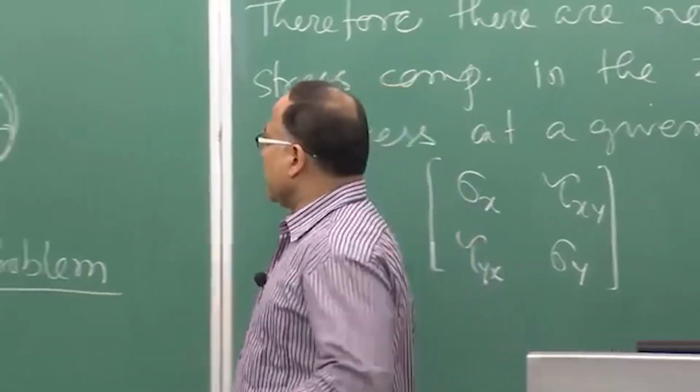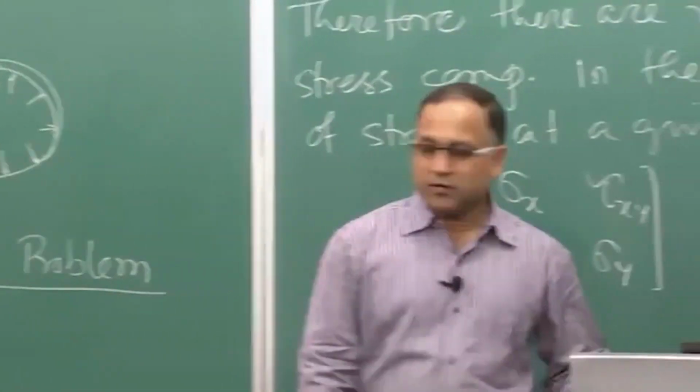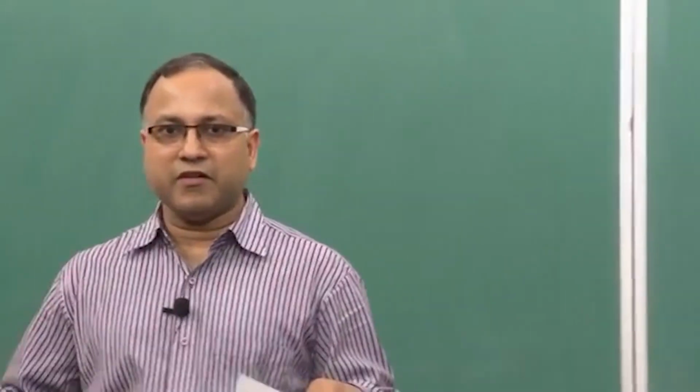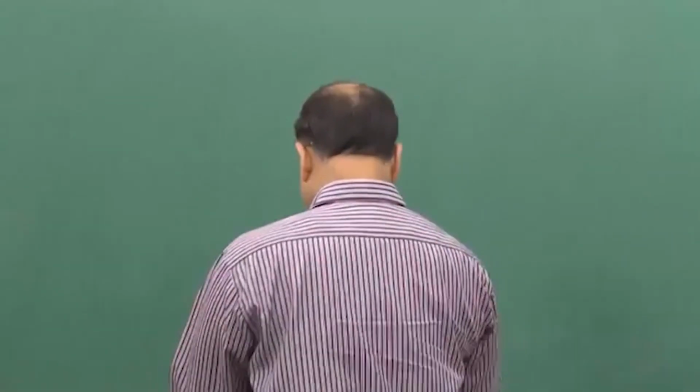Okay. So, now after this definition, what can we think of? As I told you, on this negative x plane you have got sigma x, tau xy, but on this positive x plane you have got sigma x prime, tau xy prime. So, you have got the variation. Why this variation? Because you are travelling from one point to another point, and that variation is defined by the directional derivatives.